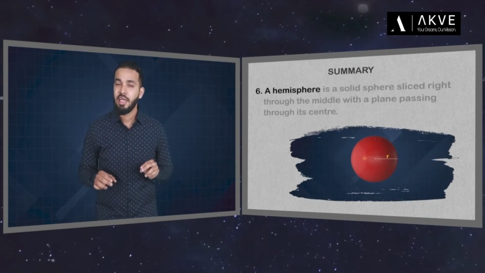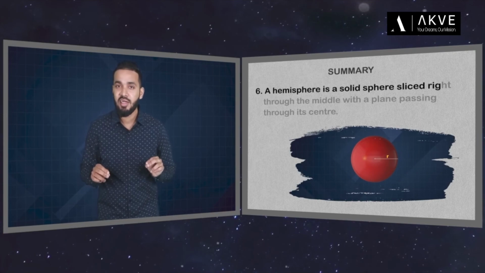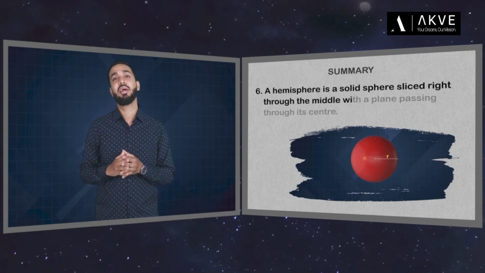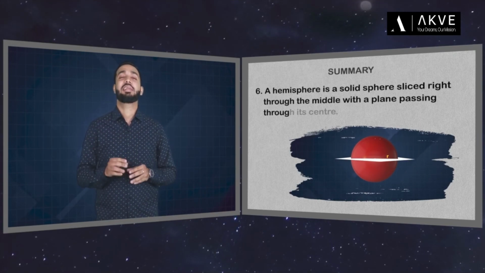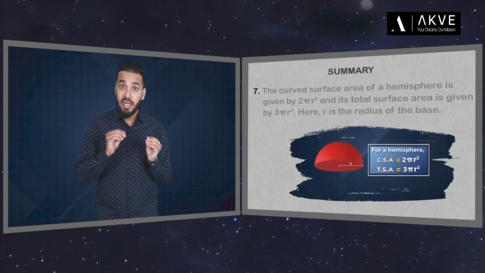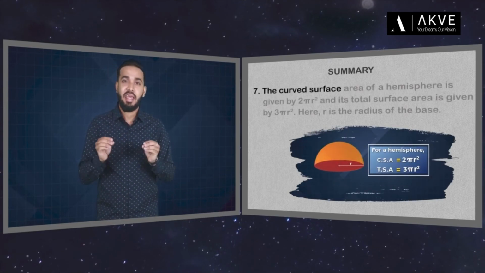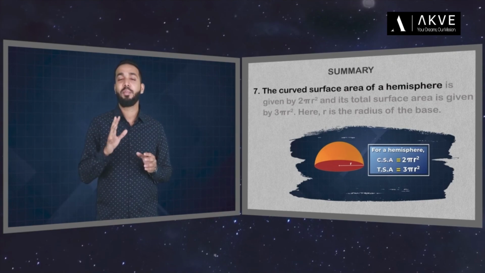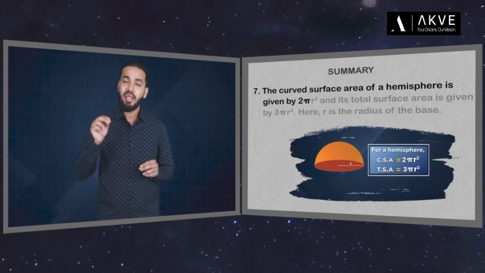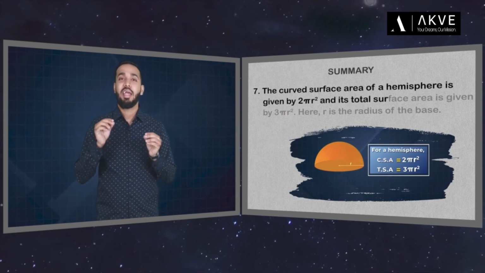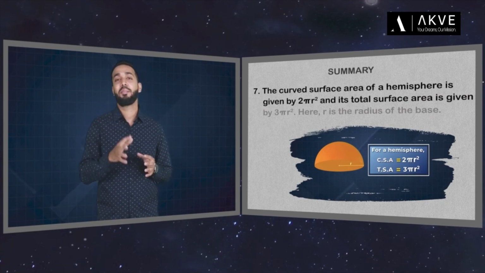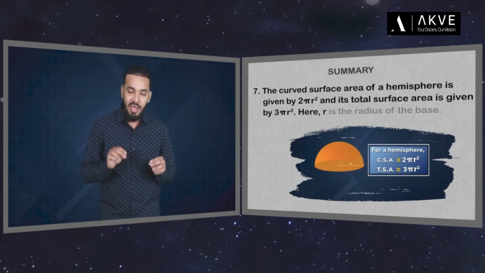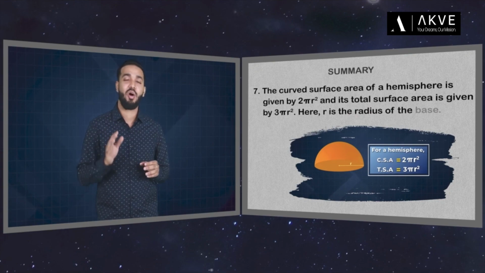A hemisphere is a solid sphere sliced right through the middle with a plane passing through its center. The curved surface area of a hemisphere is given by 2 pi r squared and its total surface area is given by 3 pi r squared. Here r is just the radius of the base.